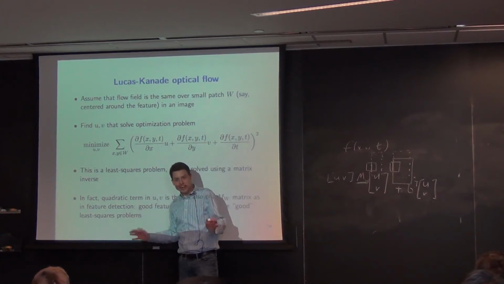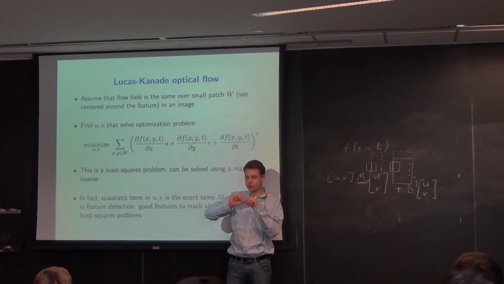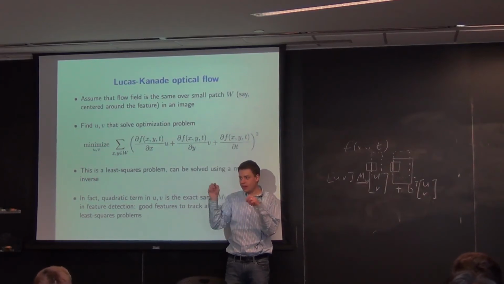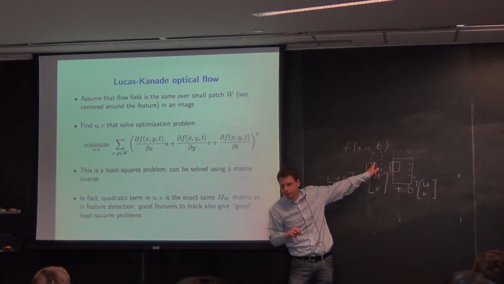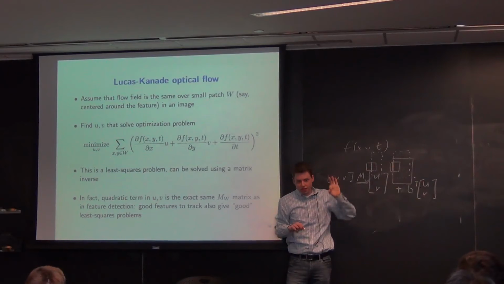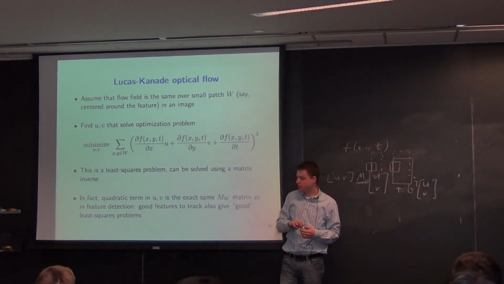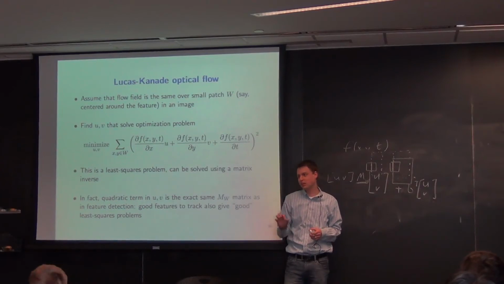What this corresponds to exactly is the fact that if you're trying to track an edge, not a corner, you can't actually resolve what direction that edge is moving, for exactly the same problem. The things that are easiest to track in optical flow are exactly the points that we're detecting with this corner detector or feature detector.